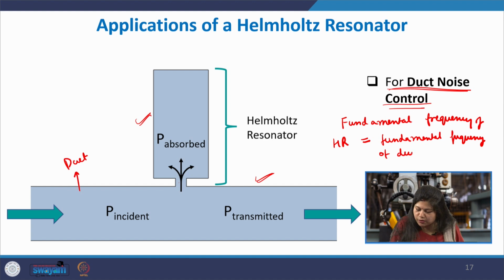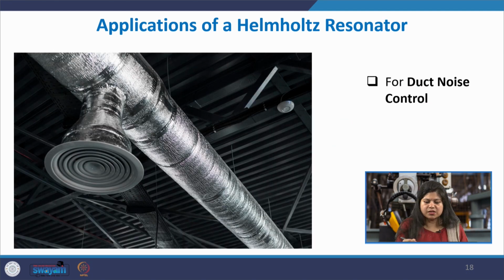So, at those frequencies the highest amount of noise will be created while the fluid is flowing through the duct. So, the noise in the duct will peak at its natural frequencies, and that should match with the fundamental frequency of the Helmholtz resonator, so that at those frequencies it can absorb the maximum sound. This shows a typical pipeline in industrial machinery, and this kind of structure is actually the Helmholtz resonator within this.